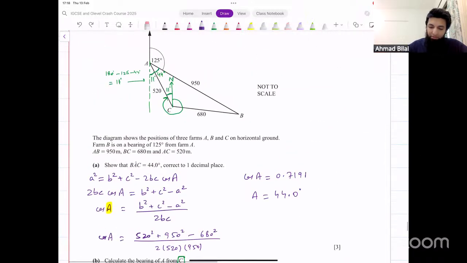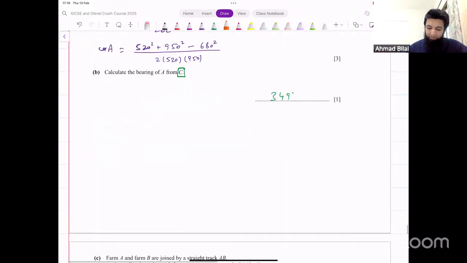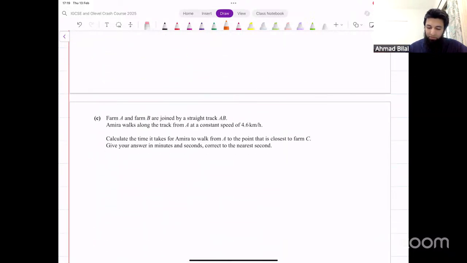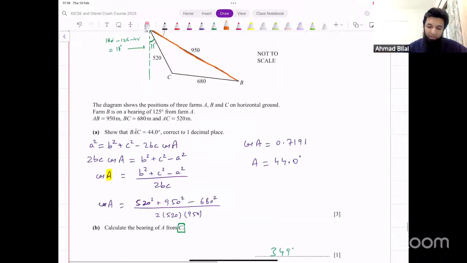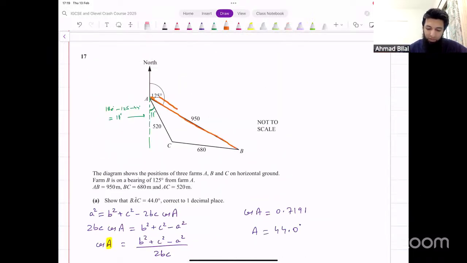You can see that here. We have the straight track. Okay. Amira walks from A along the track at a constant speed of 4.6 kilometers per hour. So she starts at A and is going towards B like this.